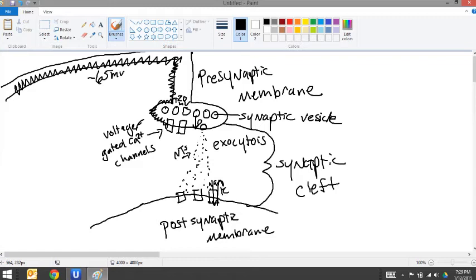It depends on the presynaptic membrane and which neurotransmitters it has in it. So if it's a cholinergic cell, then it'll release acetylcholine, or noradrenergic, noradrenaline, all that stuff.